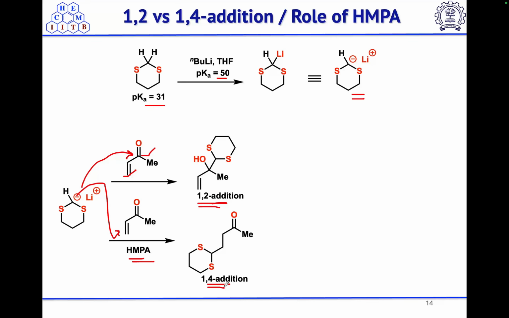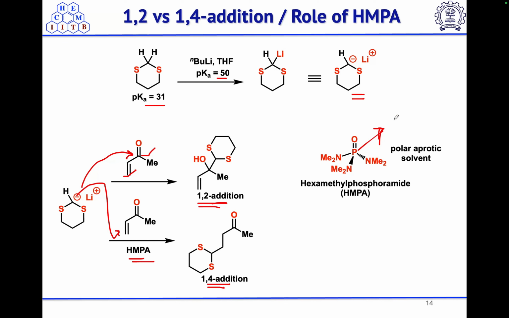So, what is the chemistry behind this HMPA? HMPA is nothing but hexamethyl phosphoramide, this P double bond O, NMe2, NMe2, NMe2. This phosphorus center, if you want to know the hybridization, is sp3 hybridized.